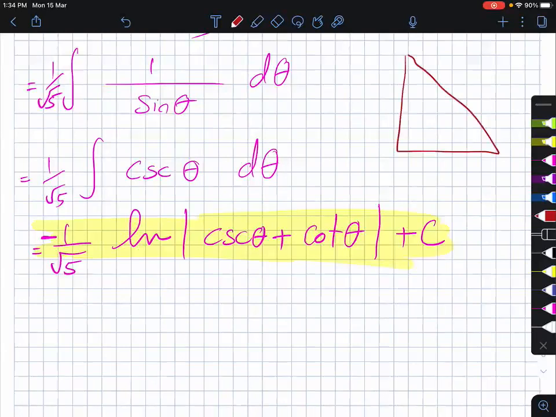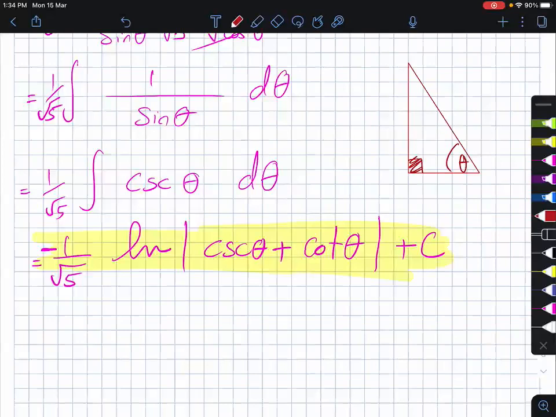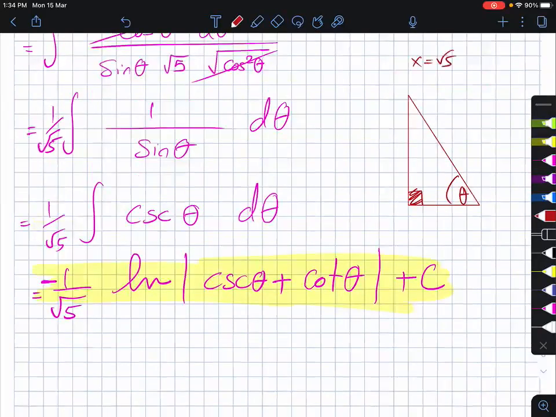And you have to draw your triangle. We have a triangle here with angle theta, and from the beginning we set x equal to radical 5 sine theta. So sine theta equals x over radical 5, dividing by radical 5 on each side.